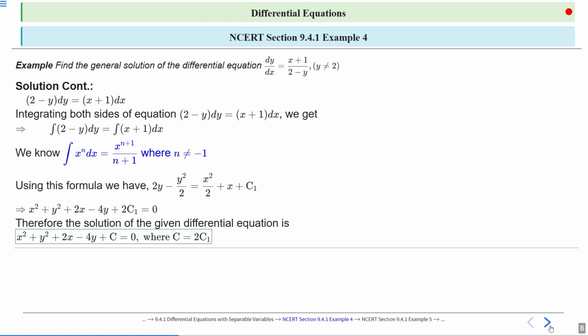So that's how we can find a solution of a differential equation by using the variable separable method. If you observe, the solution is x square plus y square plus 2x minus 4y plus c is equal to 0. Due to the presence of the arbitrary constant c, this solution is a general solution. It represents a family of curves which satisfy the given differential equation.